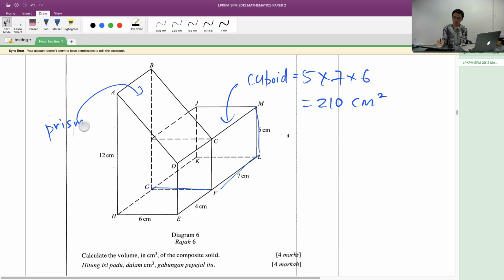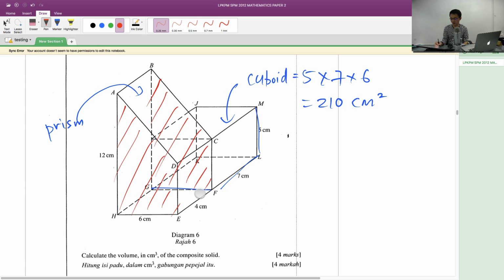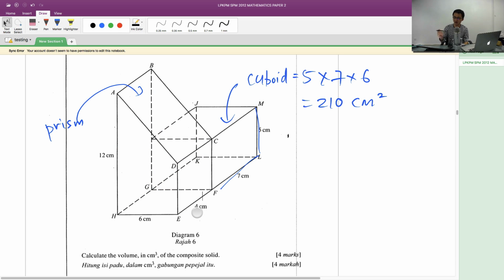Okay, for a prism, you will see two identical areas. That means you will see two areas that are exactly the same. So in this case, if you couldn't see, I can shade it out. You can find this trapezium and this trapezium. Basically, both trapeziums are the same. So in order to find the volume of the prism, we will need to find the identical area, which means exactly the same area, multiply the length.